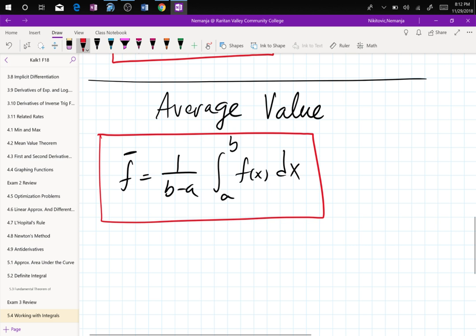What do you mean, average value of the function? Well, it's like a half of the area, right? The area above that line and the area below that line have the same amount.